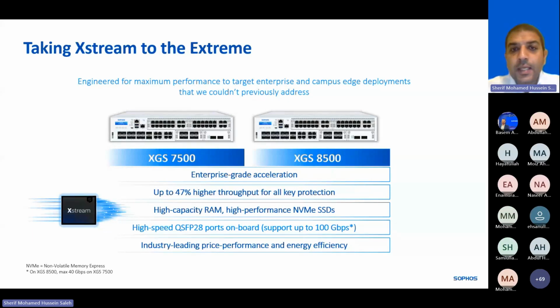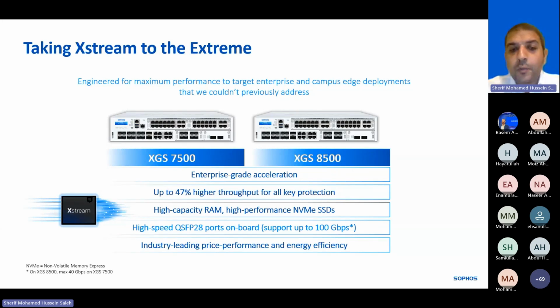And here, this is an enterprise edge that can run on the campus, and this can be a good replacement for the core switches to provide not only capabilities of switching but also the capability of protection on top of the switching as well. These two hardware models have the options to support 100 gig throughputs.